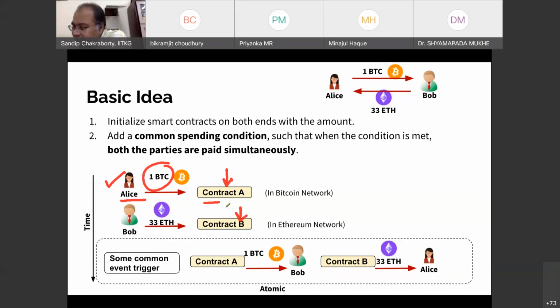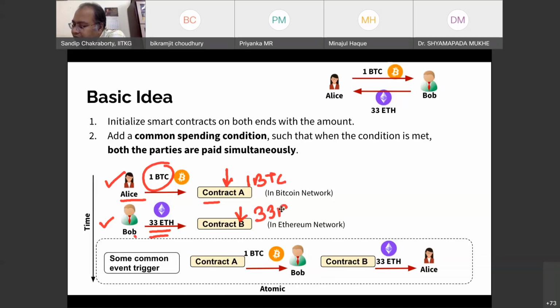After that, Alice transfers one BTC to contract A, and Bob transfers 33 Ether to contract B. You see that the corresponding amounts, the Bitcoin and the Ether, are not in the possession of Alice and Bob. Rather, contract A contains one BTC, and contract B contains the corresponding 33 Ether.